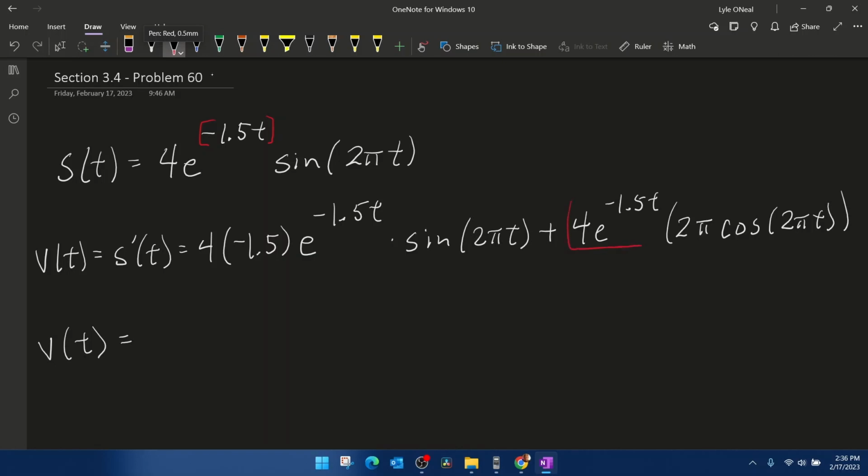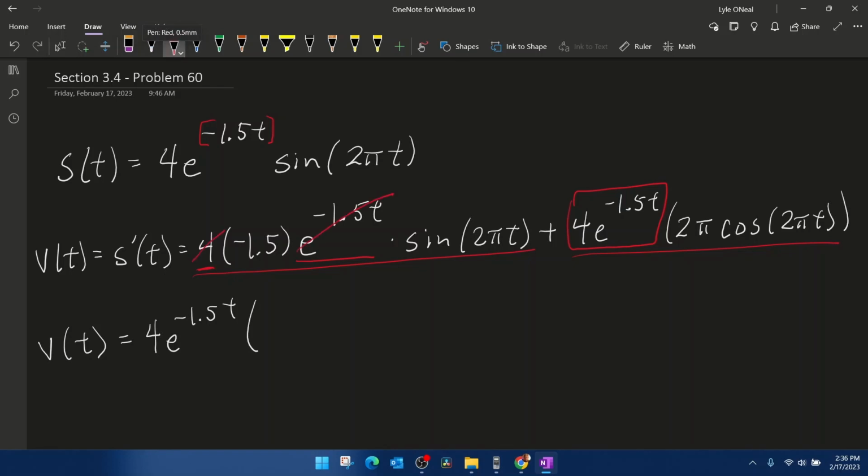What I notice is that I've got 4e to the negative 1.5t in this term, and I've got 4e to the negative 1.5t in this term. So I'm thinking I'm going to factor out, let me do that in white, 4e to the negative 1.5t out of each one of these factors.